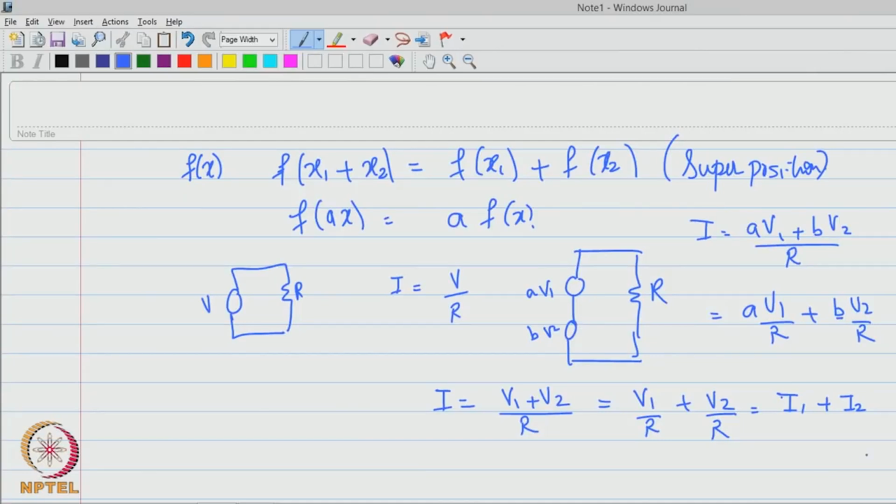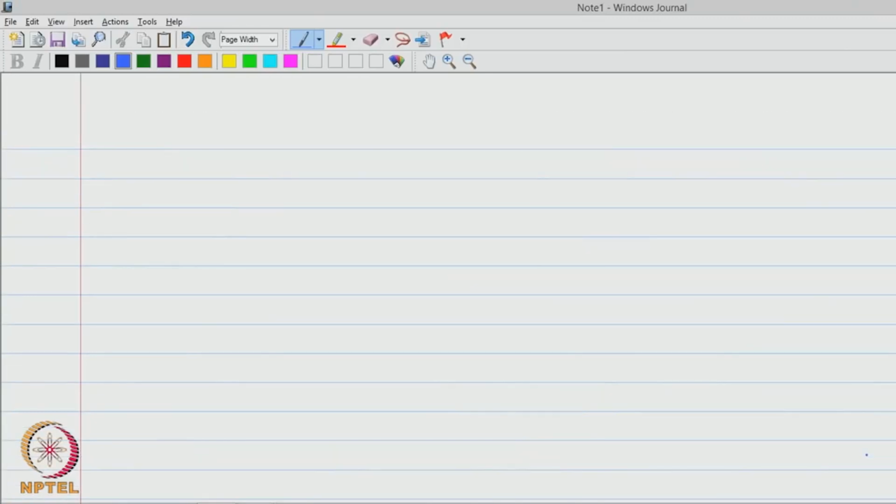We could also see, what if I have an inductor instead, where the voltage is L di by dt, or in other words, the current through an inductor follows di by dt equal to V over L, right. Okay. So what would happen if I have two voltage sources?